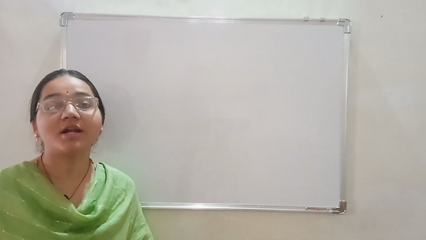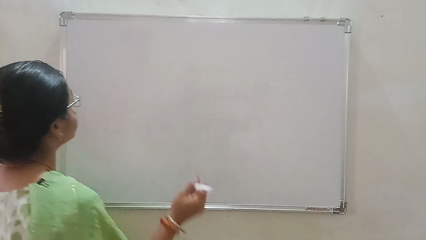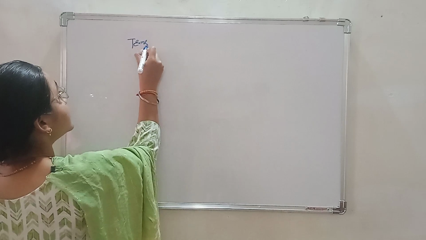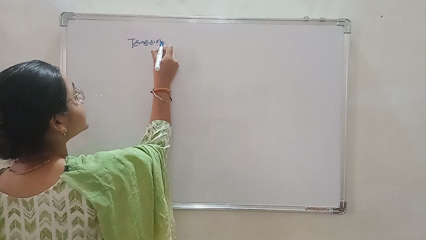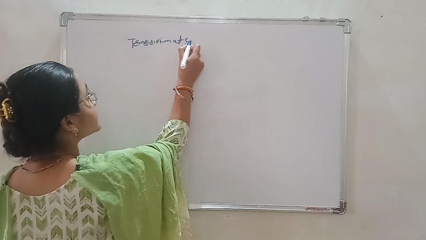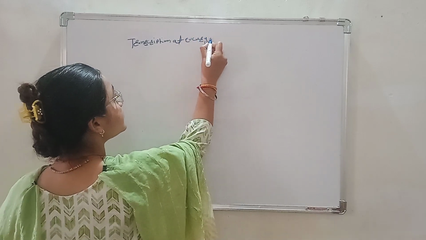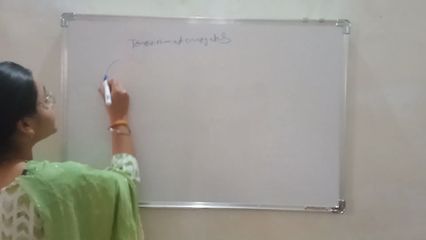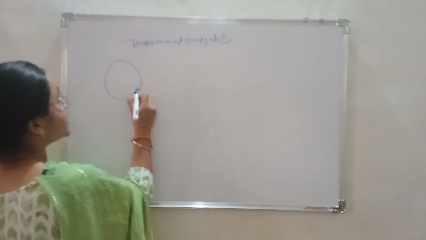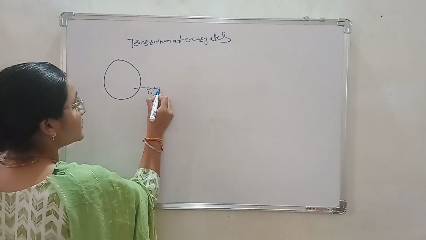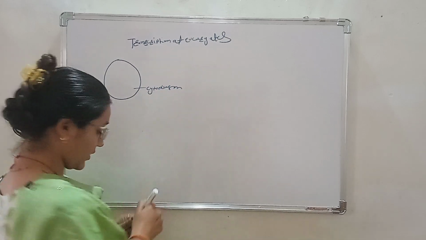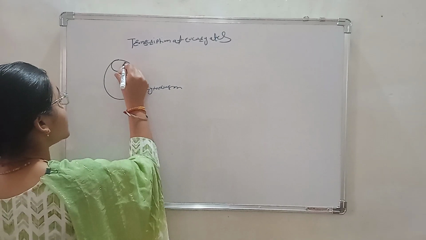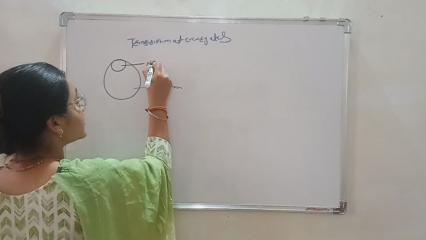Today I am discussing transcription of eukaryotes. This transcription of eukaryotes occurs by... this is our cytoplasm, and then this is a small part of the nucleus.